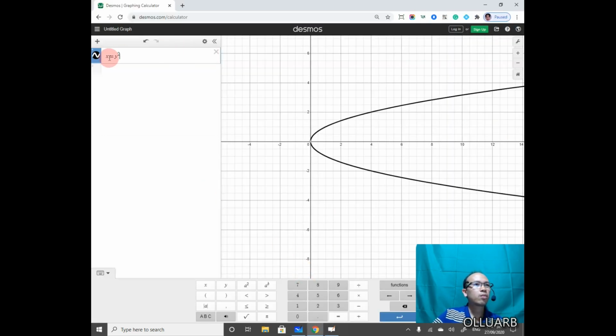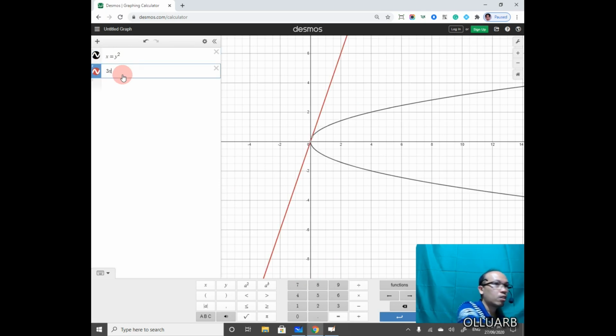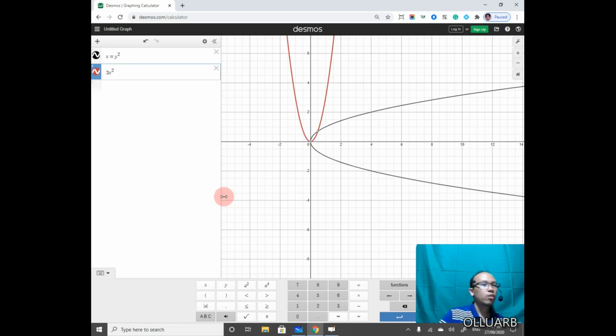Can we graph this one? I forgot. 3x squared minus x plus 2.